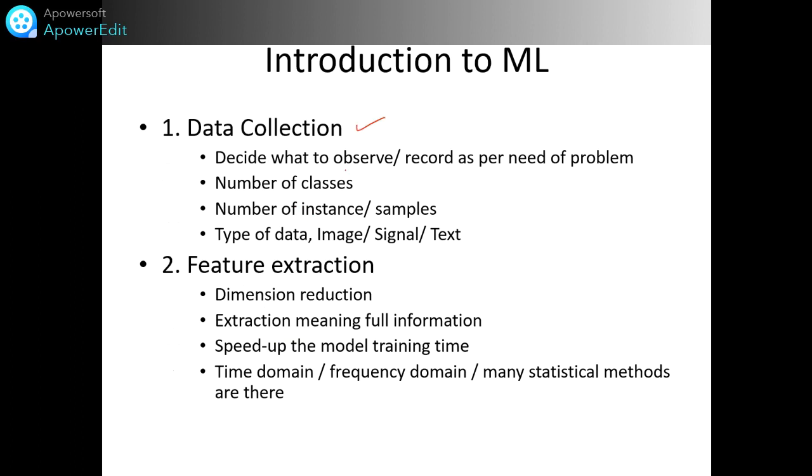Data collection is the very beginning of the machine learning model, because if you do not have a good set of data or values, we are not able to train our model in a good manner. First we have to decide what to observe or record as per the need of the problem.